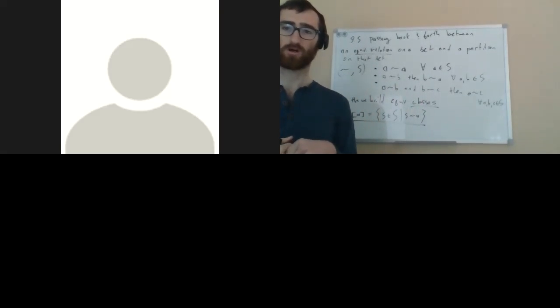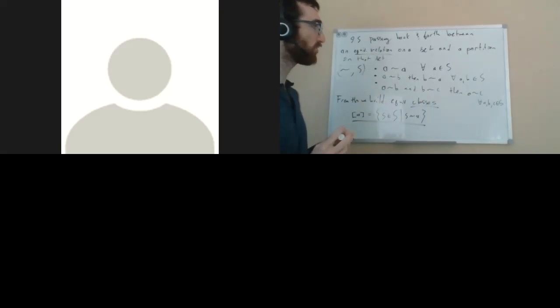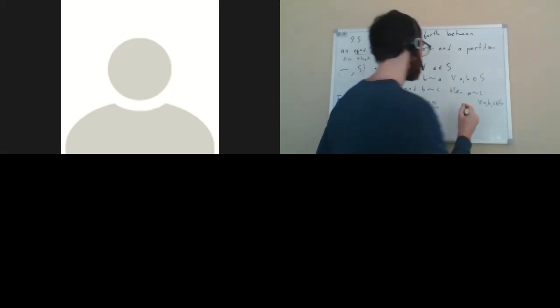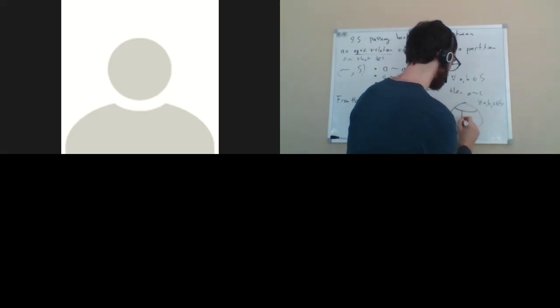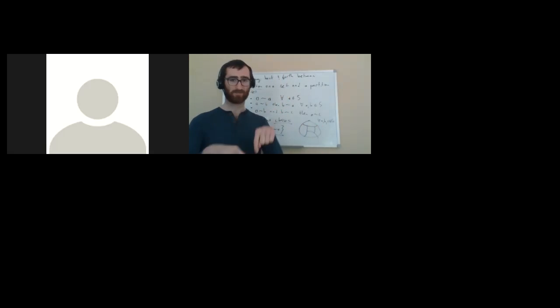Now, the point is these sets break up the set S in a very nice fashion, in what's called a partition of S. A good way to think about a partition is to visualize S as a set, and a partition is just splitting off a bunch of subsets of S such that they have no intersection and their union is all of S. Once again, a partition is a collection of sets B_i such that the union of the B_i is equal to S and B_i intersect B_j is equal to the empty set.